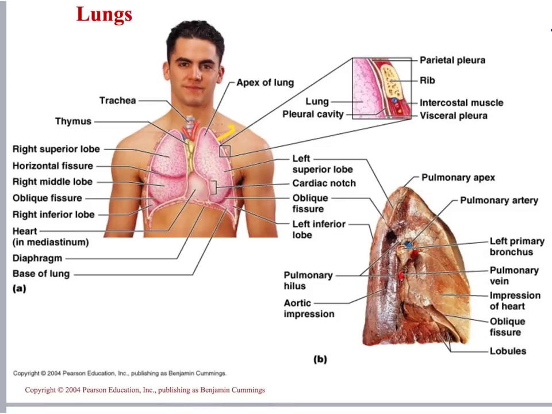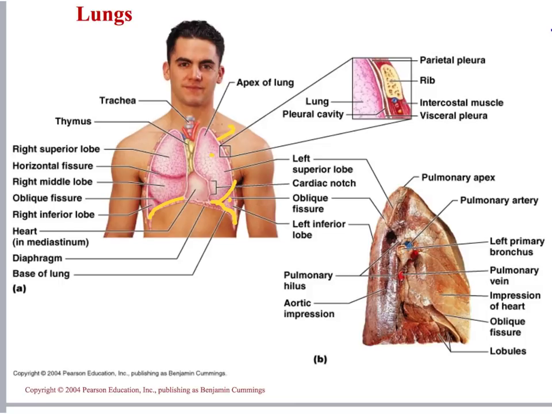Now, the diaphragmatic part of the lung sits right here, and it's connected to the central tendon of the diaphragm through this pleural membrane. The left lung has 2 lobes, superior and inferior, and this little dip between the two is called the oblique fissure, which separates the superior and inferior lobes from each other.